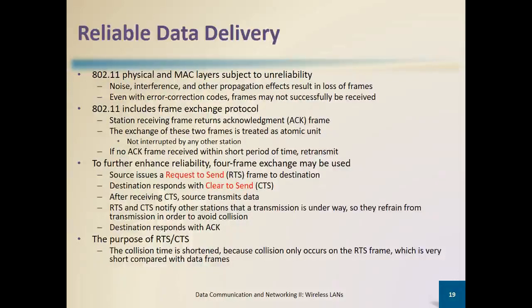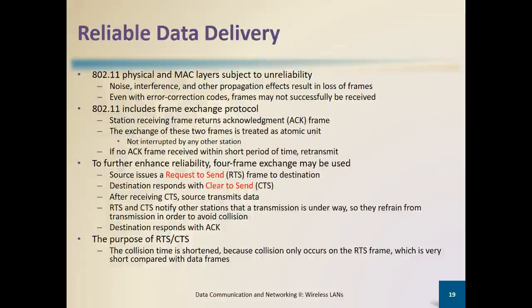Generally, your request to send and clear to send notify each station that the transmission is underway, so they refrain from transmission to avoid any kind of collision. So when two devices are transmitting on a given wireless LAN, some of these key exchange implementations help to make sure the information is delivered reliably.